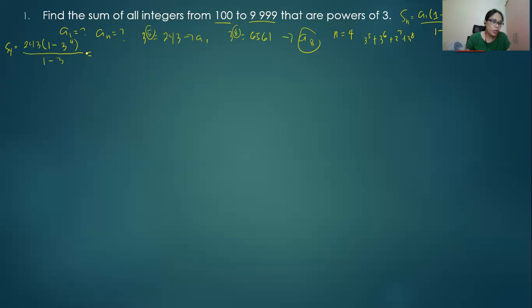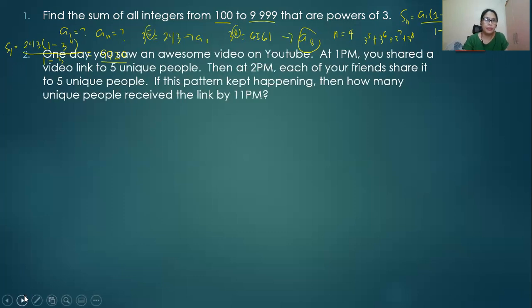Evaluating the expression, we'll come up with 9,720. So this is equal to 9,720.